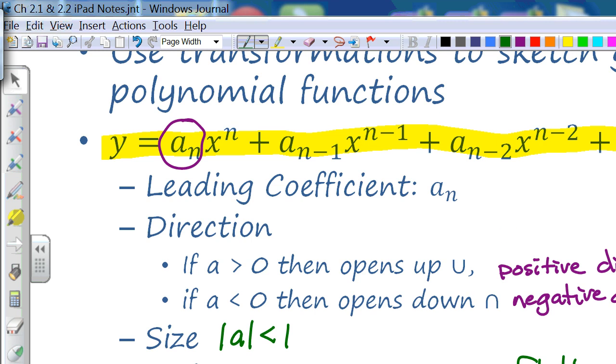What it's going to do is take a graph that looks like this, and slowly it's going to go flatter and flatter. Okay. Now, on the other hand, it's going to get taller.